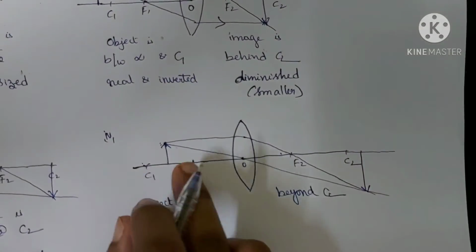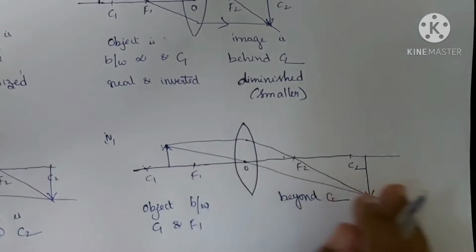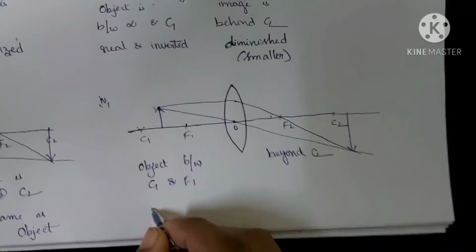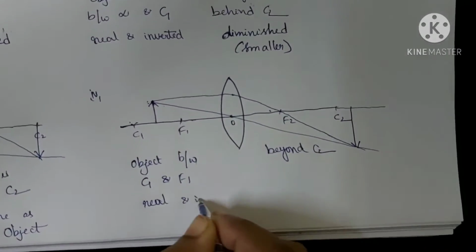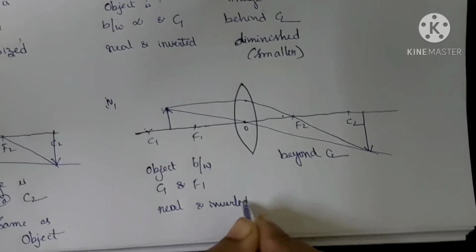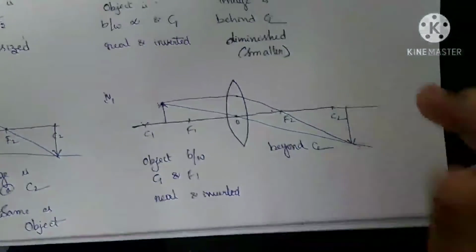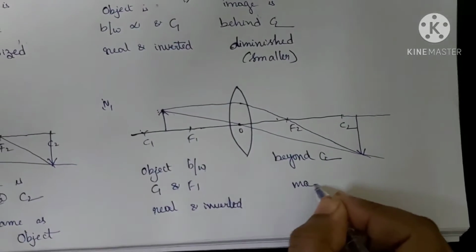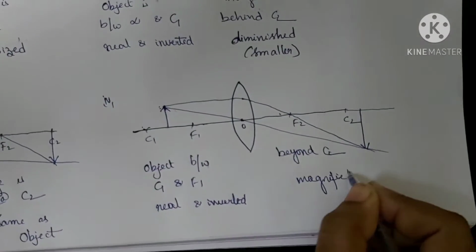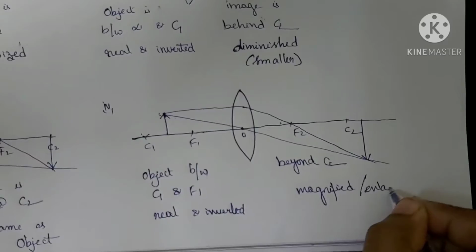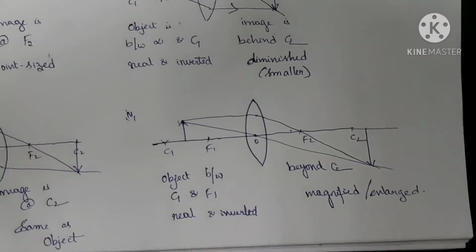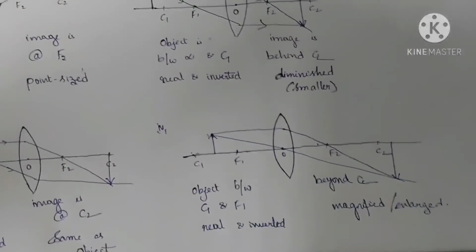If I bring my object nearer, the image goes farther away. Then what is the nature? Again real and inverted, but compared to before, the size is getting larger, so it is magnified or enlarged. To know the magnification, we already have the magnification formula. So these are the first 4 cases.